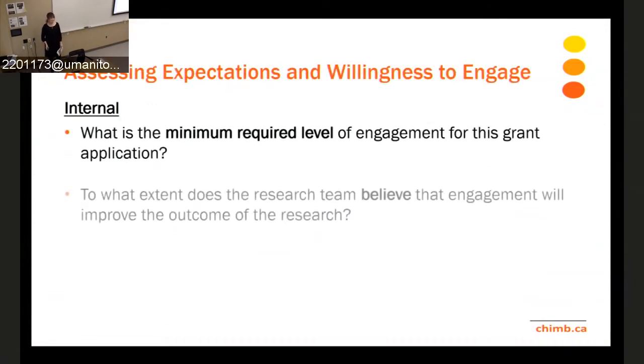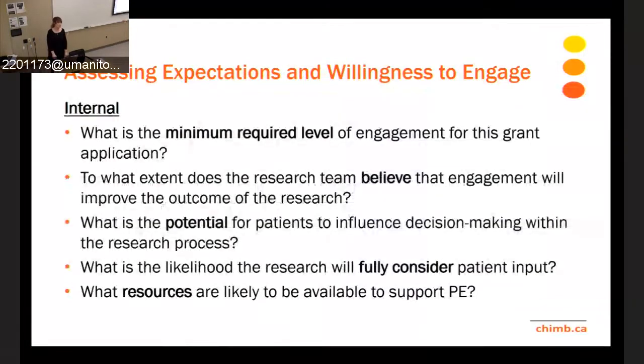We talked about this in our last session, but it's always the first step as you're developing your plan and your recruitment approach: doing an internal and external assessment. First of all, as researchers, you need to start thinking about what the minimum required level of engagement is. If you're applying for a CIHR SCORE grant, you're going to have to engage at a collaborate level because of the shared decision making; that's the requirement.